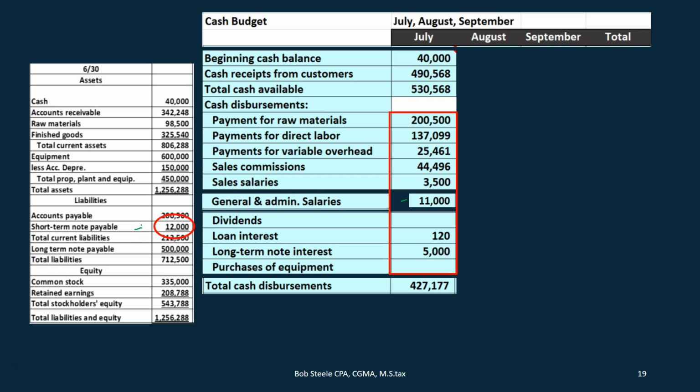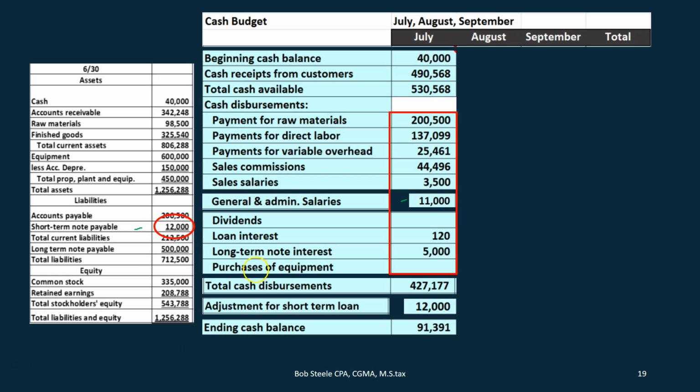We're basically saying, hey, if we dip under 40,000, take out a loan. We've made a line of credit in order to do that, to have some security there. And if we go over that amount of 40,000, then let's pay off the short-term loan. We're over that amount. We're going to pay off the short-term loan, 12,000.